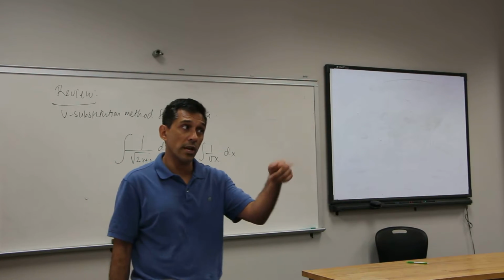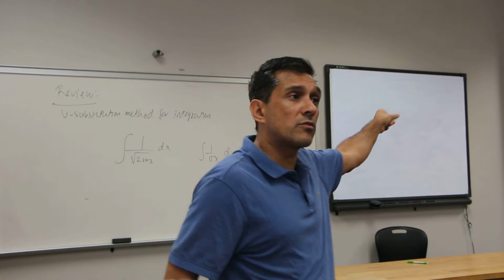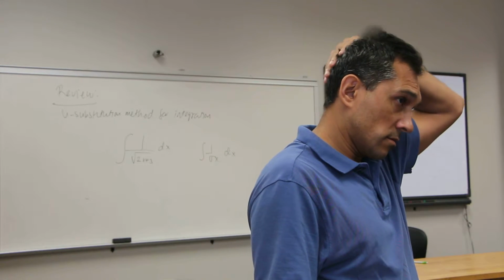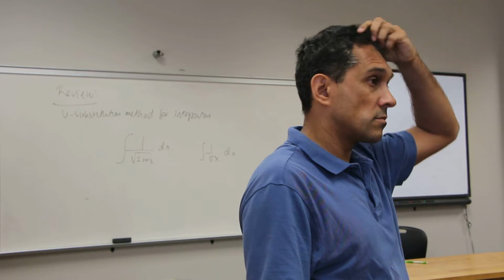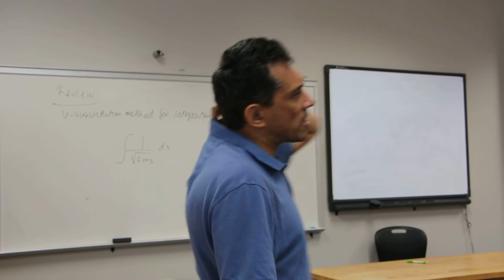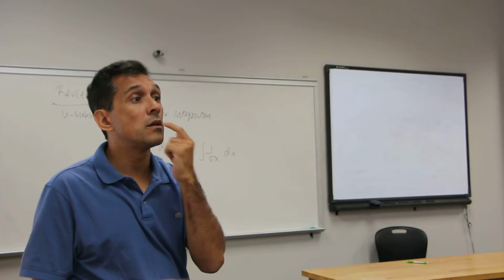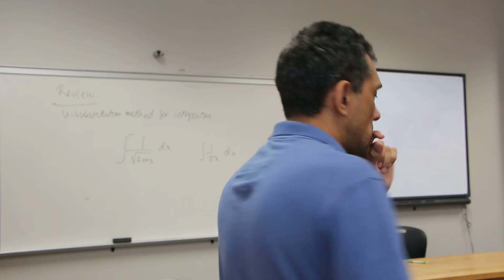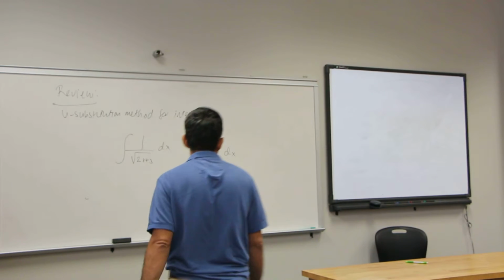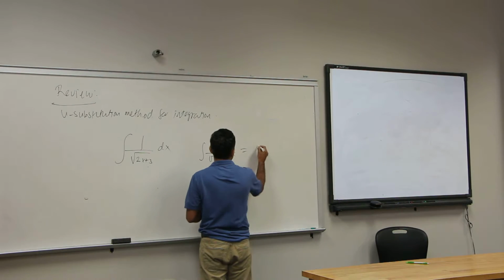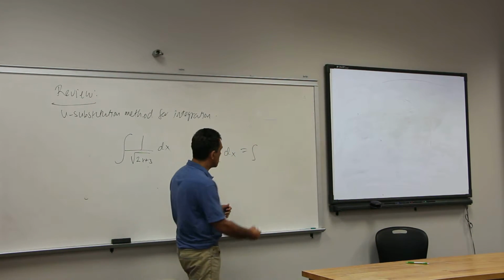Oh, please don't review your calculus 1. What is the antiderivative of 1 over root x dx? Good. Go and review your calculus. 2x to the 1/2. Very good. You say to yourself, use the power rule and a table of antiderivatives Dr. J was kind enough to provide us with.